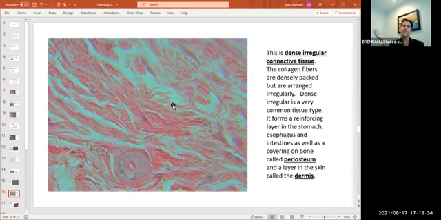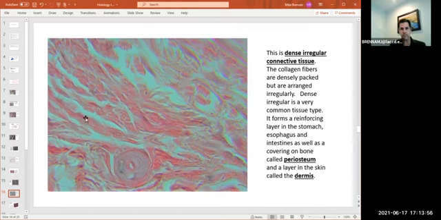It forms a reinforcing layer, not just in the stomach, but the entire GI tract, called the submucosa. It surrounds bone, forming a layer of periosteum. We find that just below the waterproofing layer in the skin, where this dense irregular connective sheet is called the dermis.